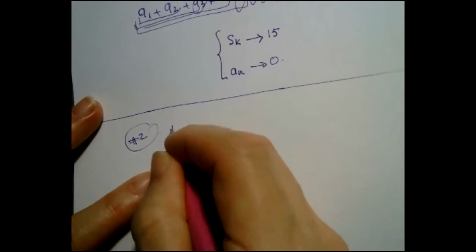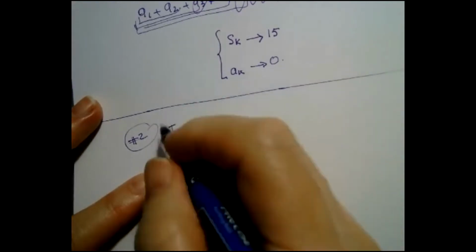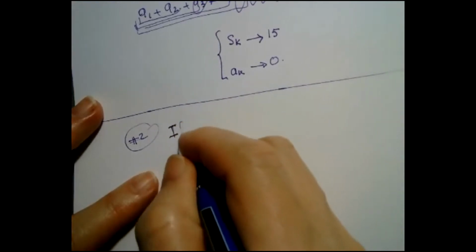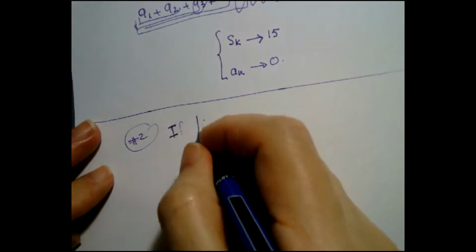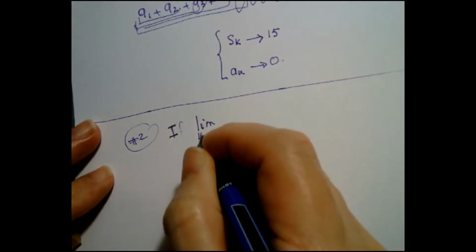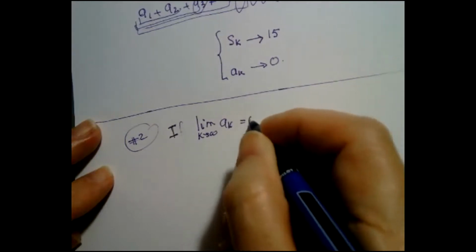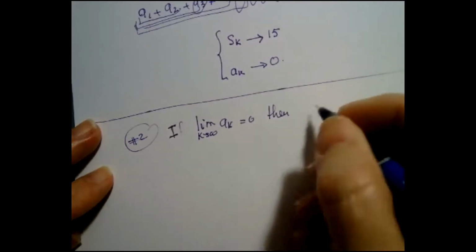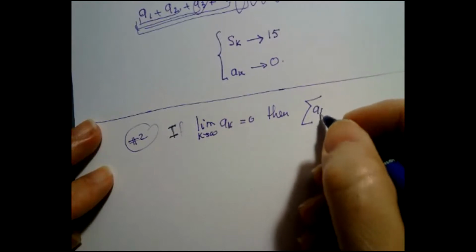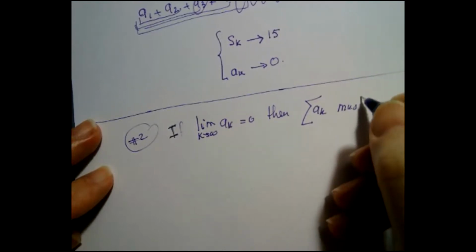Okay, number 2, you did better, but I still feel there is something not clear in your mind. My question was, if the limit as k goes to infinity of a_k equals 0, then the series must converge.